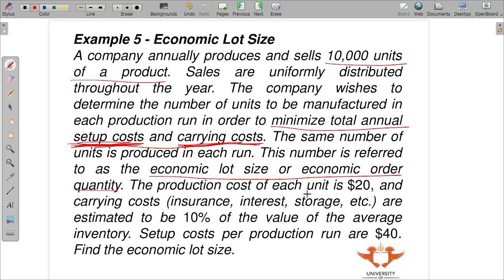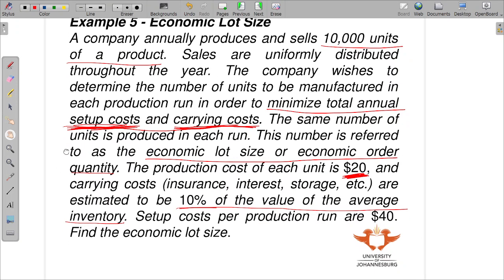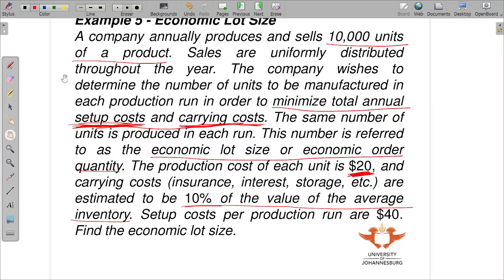Alright, the production cost of each unit is $20, and the carrying cost, insurance, interest, storage, etc., are estimated to be 10% of the value of the average inventory.